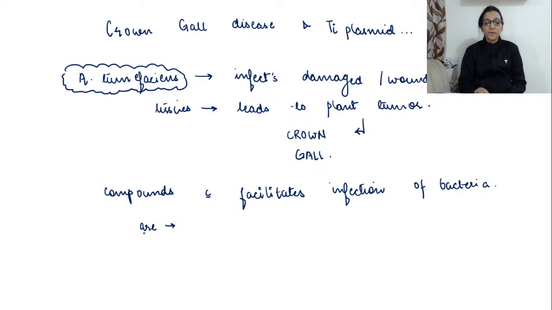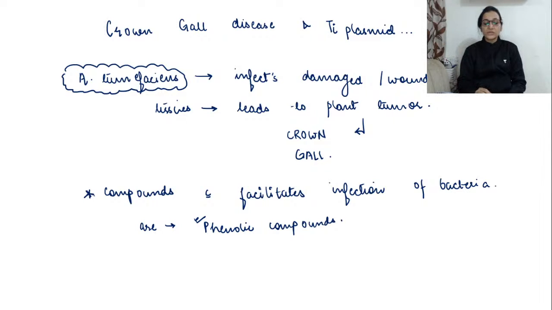And what are these compounds? These compounds are phenolic in nature. These phenolic compounds can be acetosyringone or hydroxyacetosyringone, and they are released by the wounded parts of the plants. The plant that has a wound releases them from there.